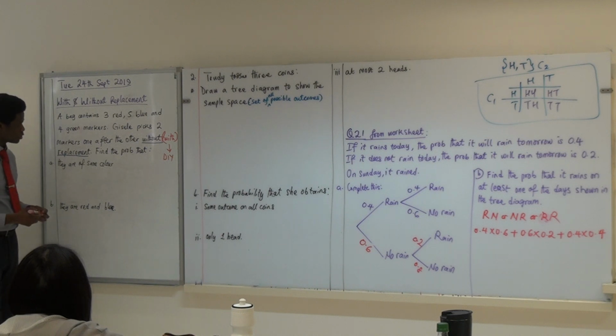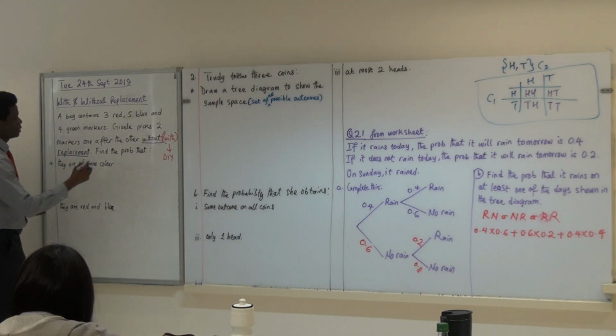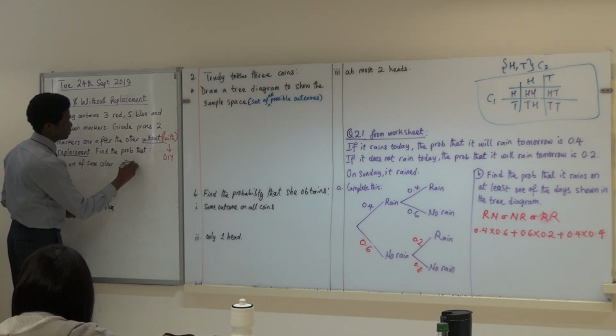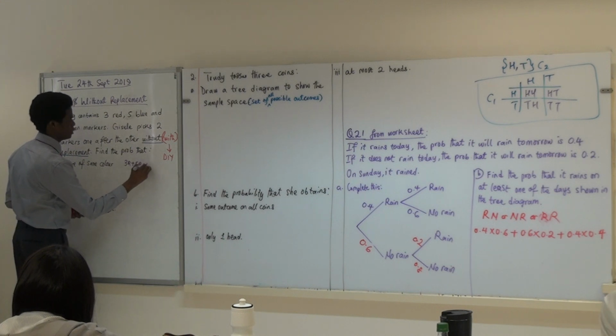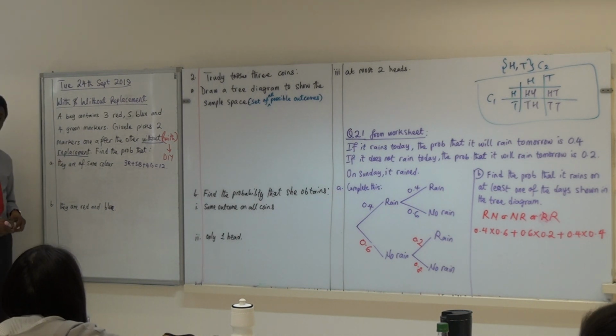So how many markers altogether do we have? 12. So altogether we have 3 red, 5 blue, and 4 green, and that will be 12, right? 12 altogether. Now, what is the chance that they are of the same color?